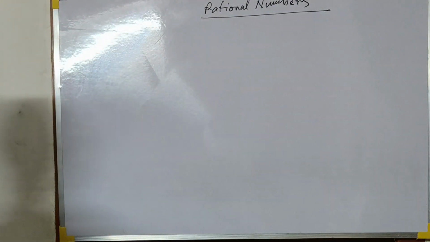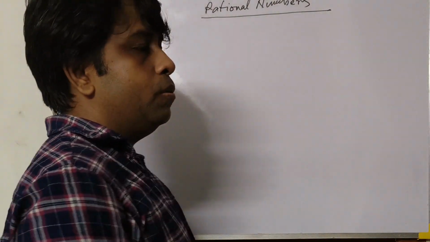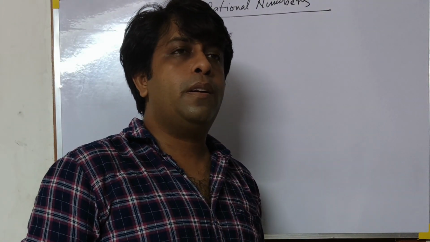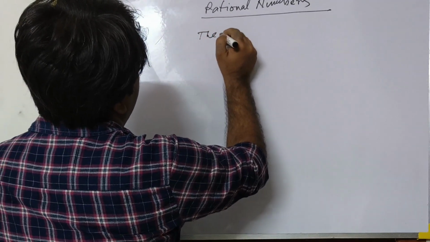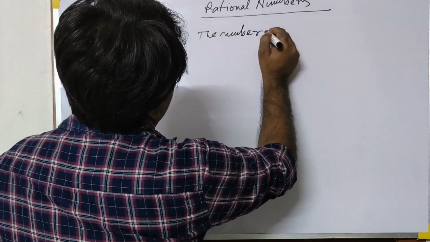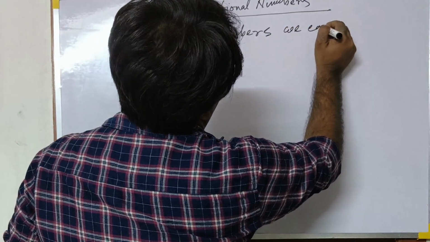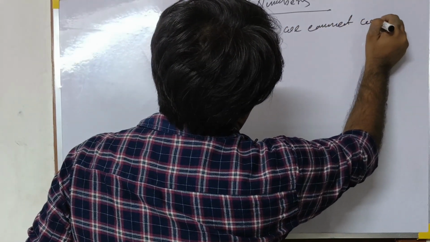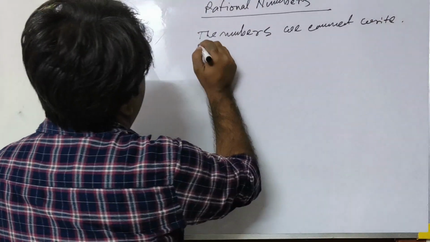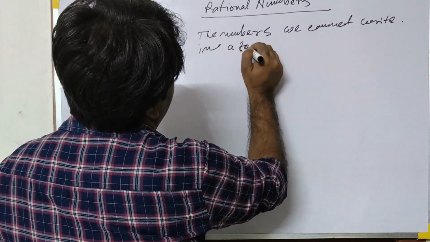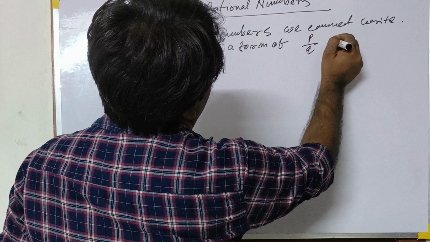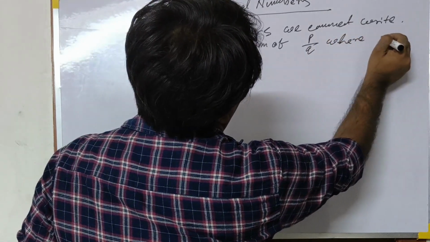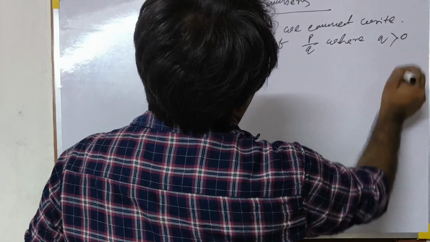So irrational numbers, I am just giving you a touch on the irrational numbers. Irrational numbers are numbers which are not rational numbers. It means numbers we cannot write in the form of P by Q, where Q is greater than 0.